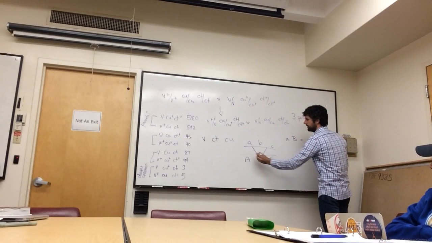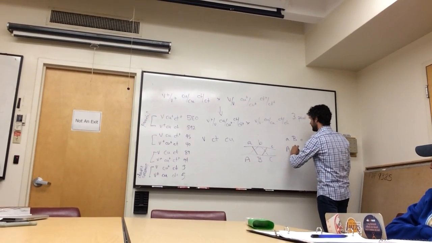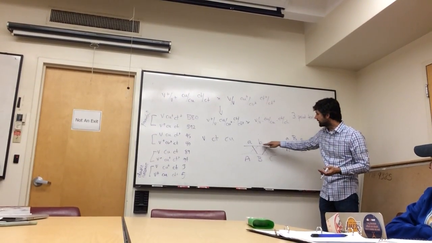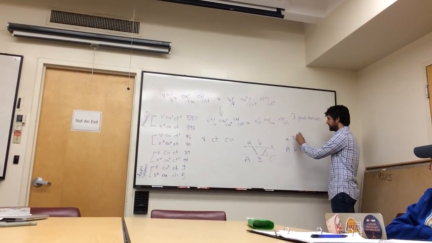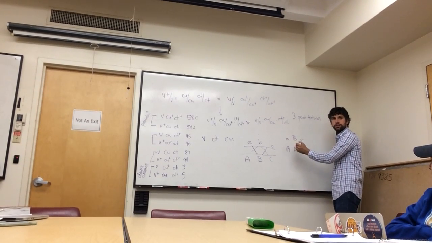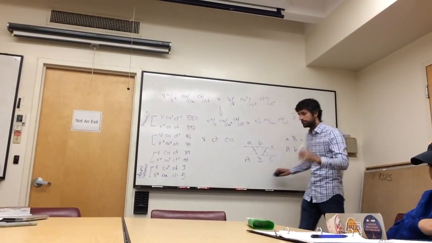Here we have big A, little b, big C. So what were the parental chromosomes? They were little a, little b, little c, or big A, big B, big C. And notice that B, which was in the middle, switched in that double recombinant group. Does that make sense? That's the quick way to know who's in the middle.